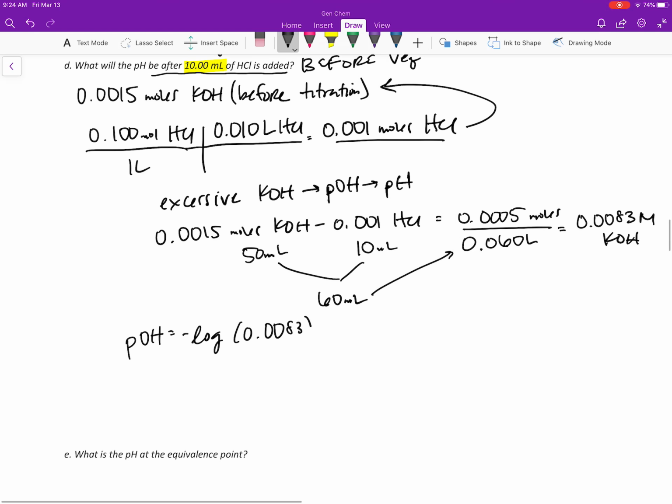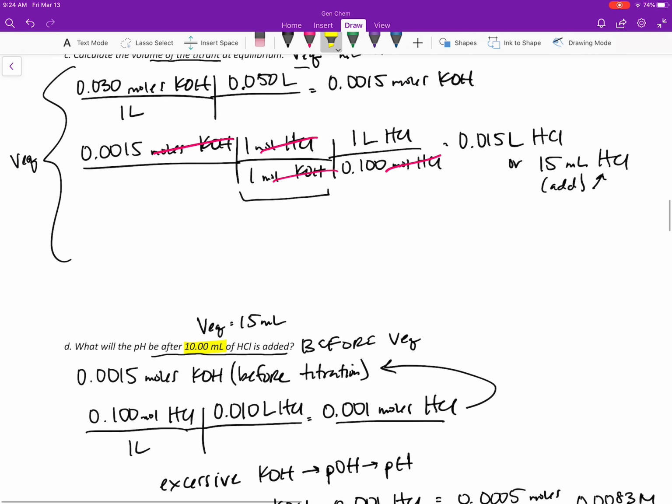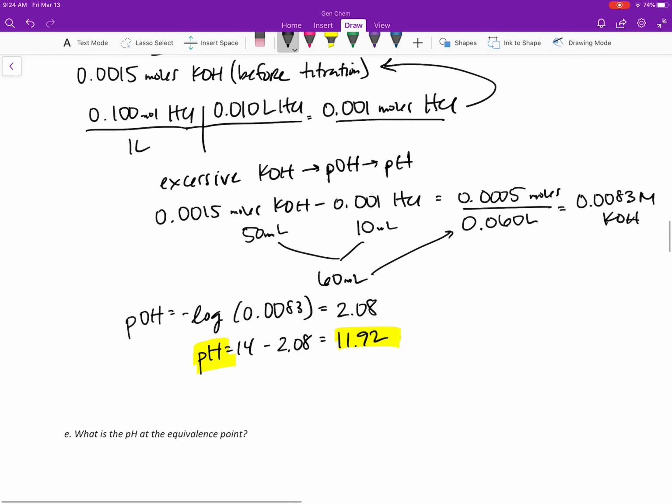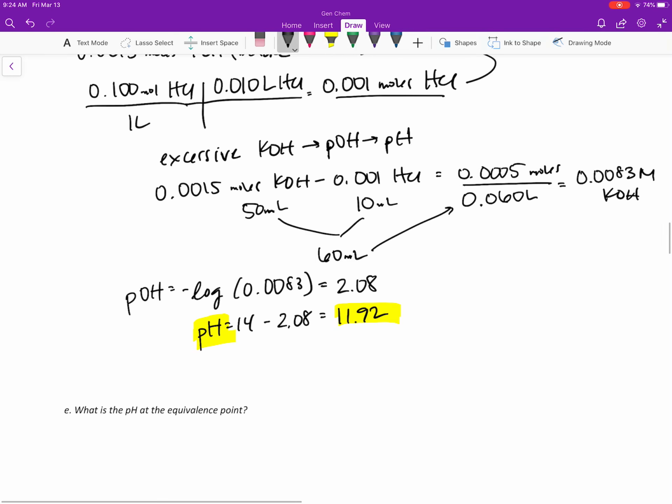So now I can solve for the pOH, and that comes out to be 2.08. Convert that to pH. And lo and behold, we can see that the pH has changed just a little bit. The pH started off at 12.48 right here when it was just KOH, and now it's at 11.92 after I've added 10 milliliters of HCl.